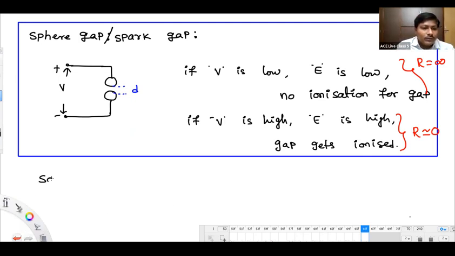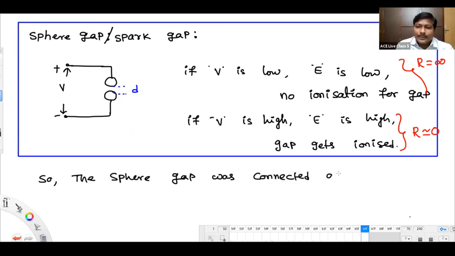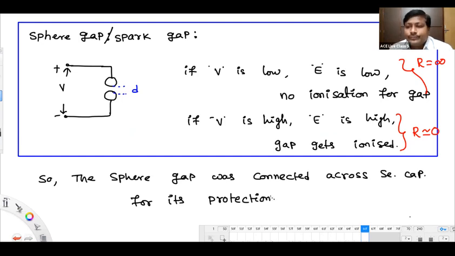So the sphere gap is connected across the series capacitor for its protection.